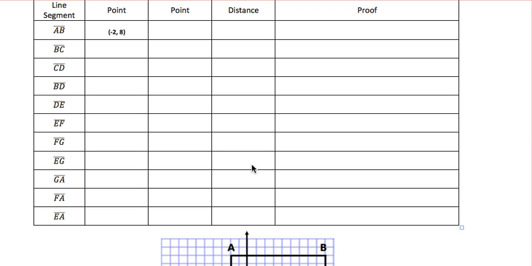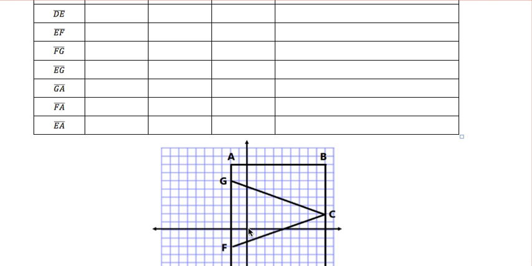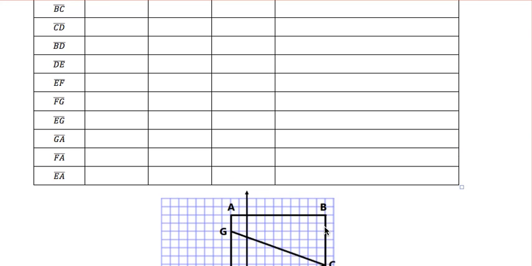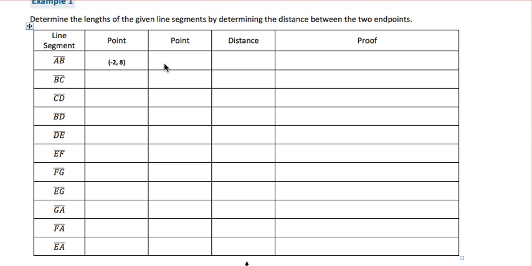And then our coordinate for B, remember this is our origin, so we count over 1, 2, 3, 4, 5, 6, 7, 8, 9, and it is also 8 up because it's the same distance up as A is. So 9, 8 is our ordered pair.